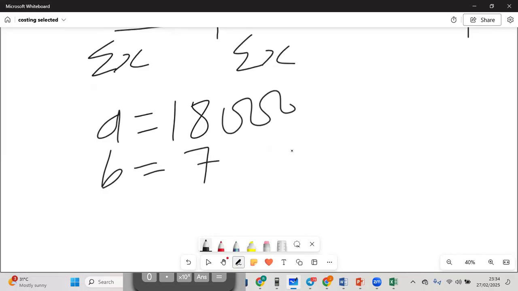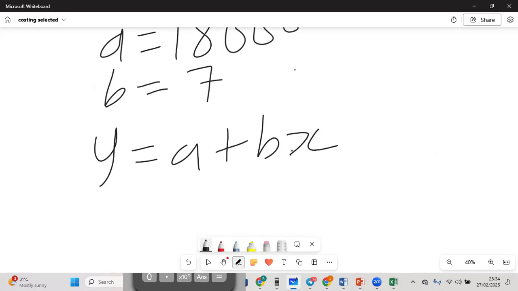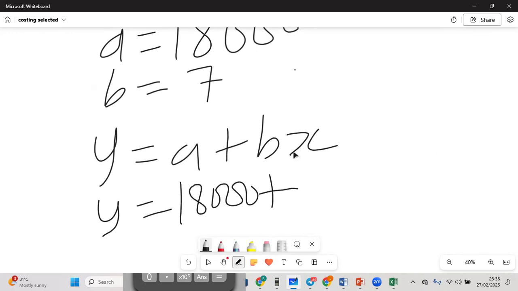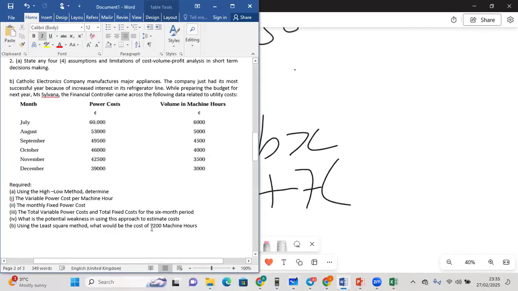So now, remember our formula. Our formula is y is equal to A plus Bx. And then we have A here. A is 18,000. B is 7. X here in the question is given to us to be 7,200.